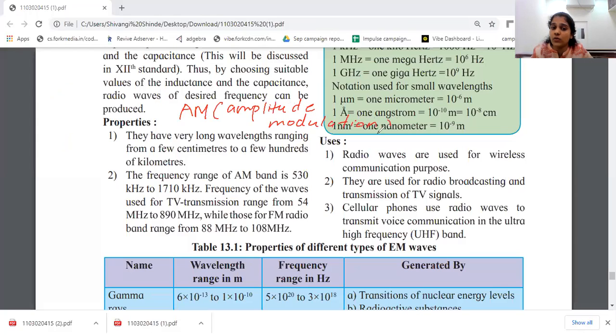You can note this down. And your FM stands for frequency modulation. Absolutely correct. Do you all know what modulation means?